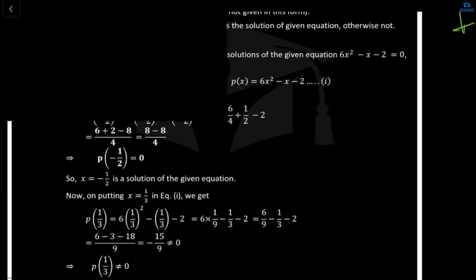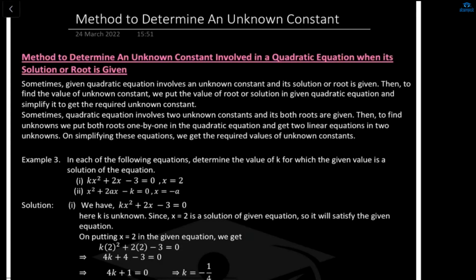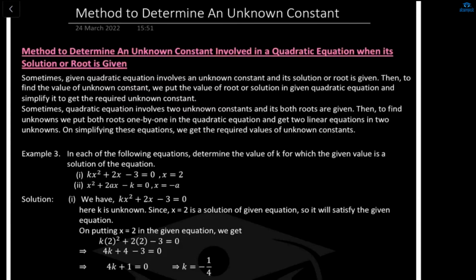No, ma'am. Okay, let's see some more questions. Methods to determine an unknown constant involved in a quadratic equation when its solution or root is given. Many times it is said that a value is a solution of a quadratic equation, like 1 by 2, but the constant value is not given.